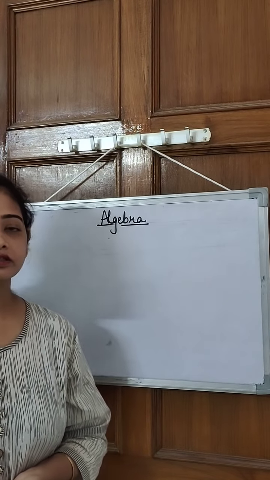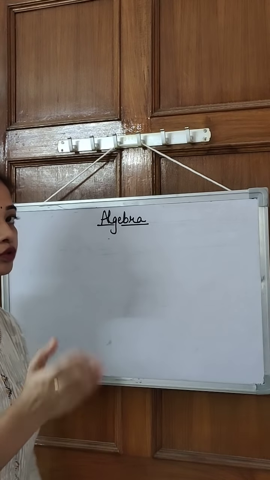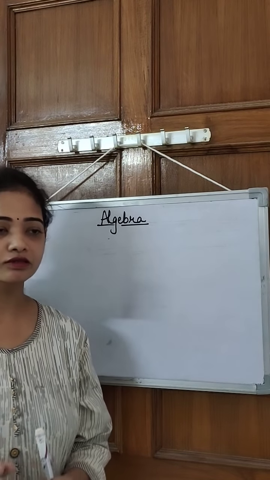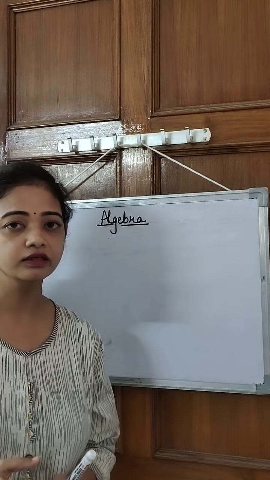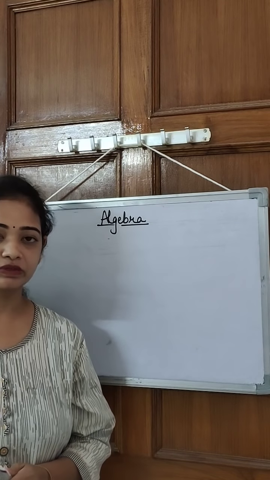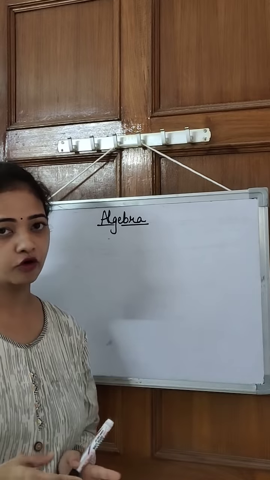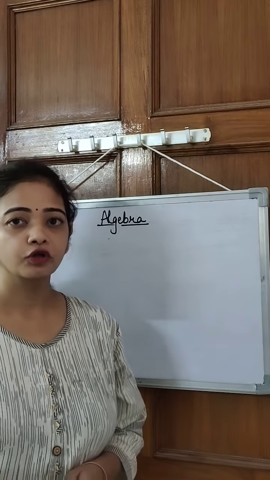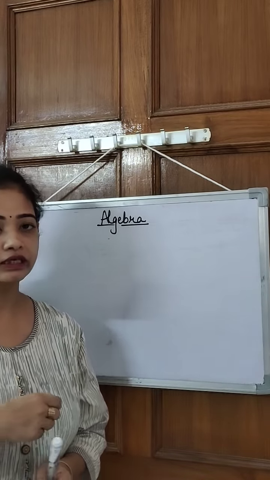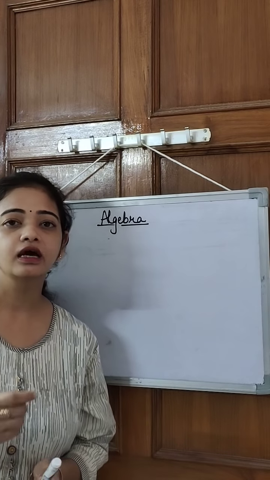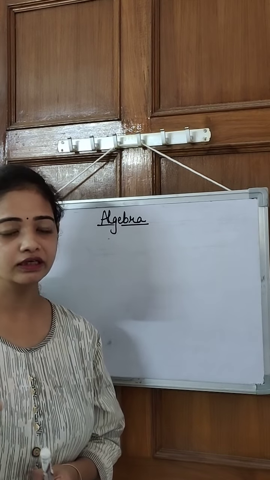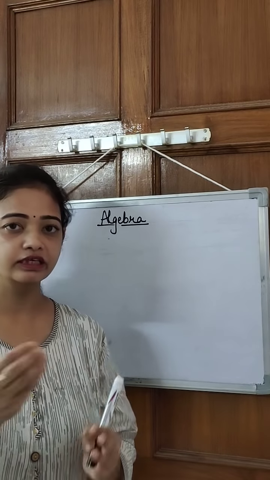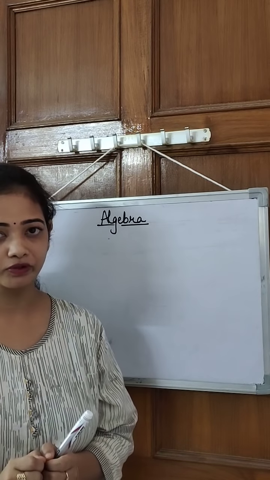So what can we do with constants and variables? We can form a general pattern of any figure or any series or any number question you get in logical reasoning. You generally get patterns, a few numbers written, and then you have to form a general pattern with the help of which you can find the unknown numbers.